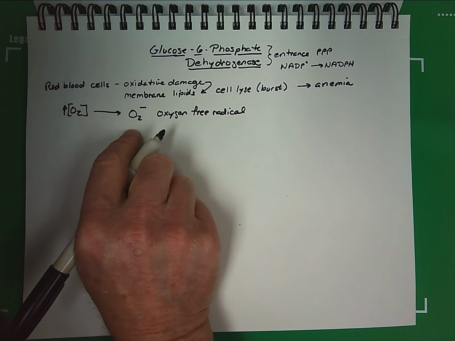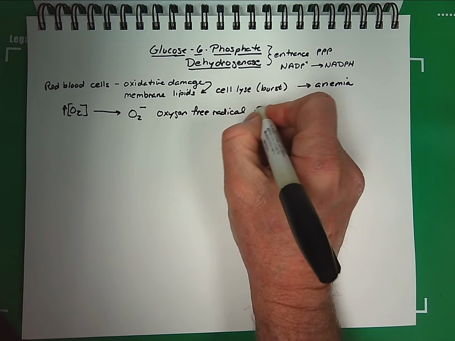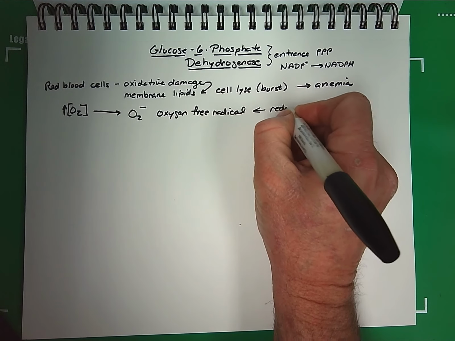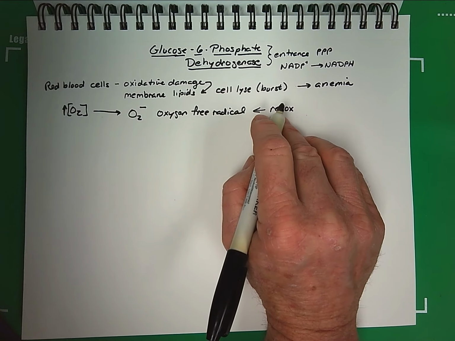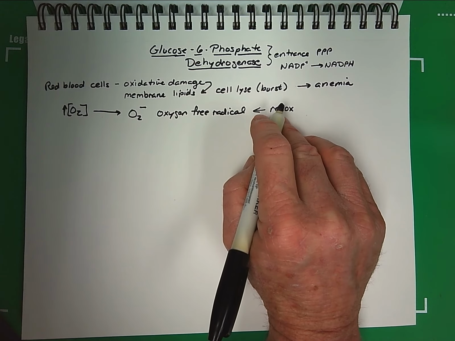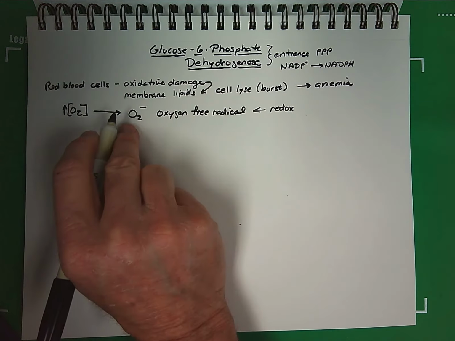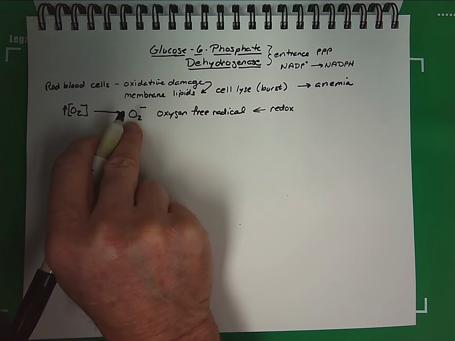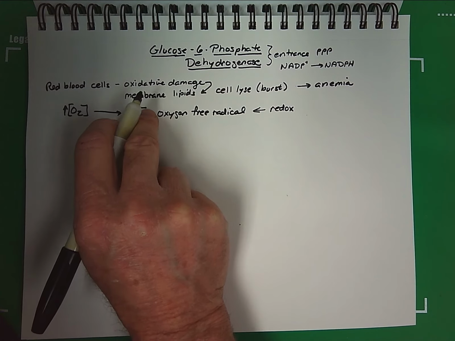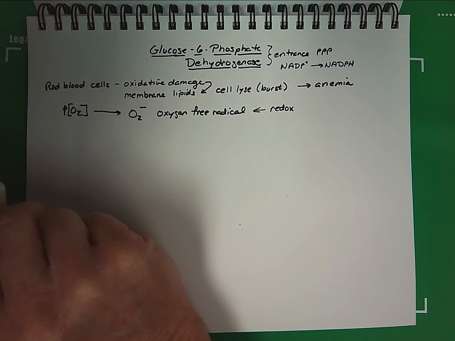Recall, electrons are in motion whenever we have redox reactions. So if electrons that are typically moving into their redox partners get loose and bind onto molecular oxygen, because of the electronegative nature of oxygen, these extra electrons will be attracted and held to it.